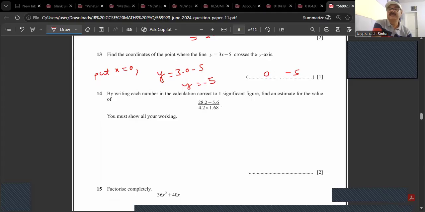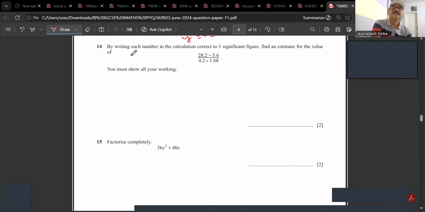Next problem. By writing each number in the calculation correct to one significant figure, find an estimate for the value of 28.2 minus 5.6 upon 4.2 into 1.68. So you must show all your workings. So 28.2, this number we have to write up to only one significant figure. So this will become 30 because 28.2, how many significant figures are here? 3.